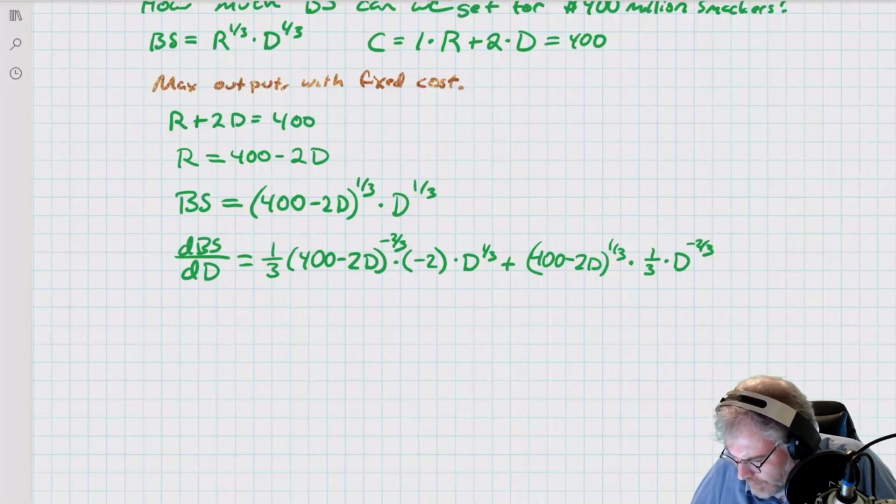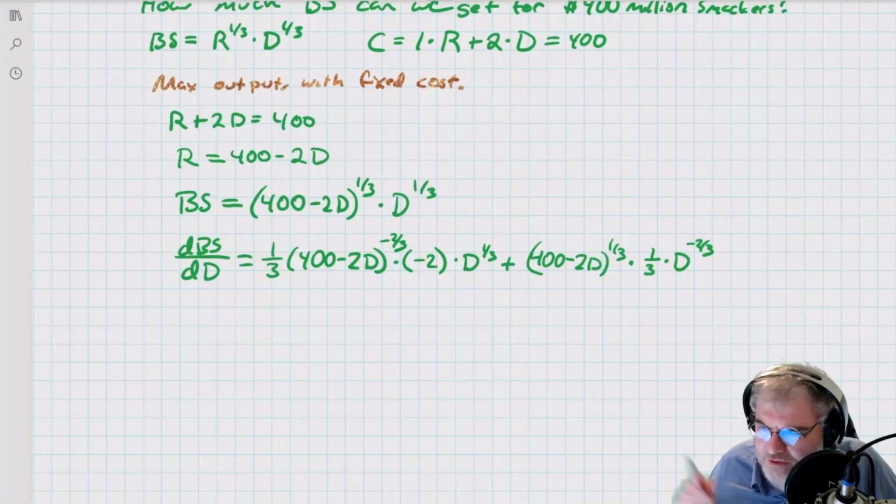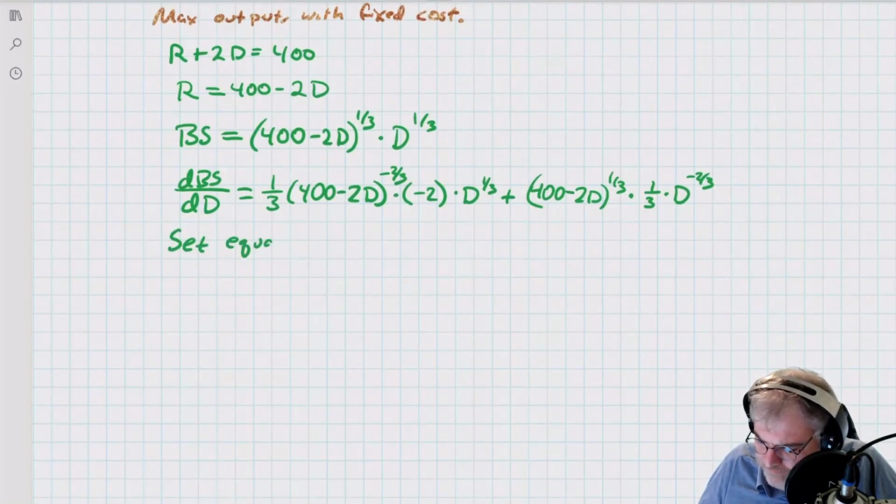The 1/3 will cancel. Let's see. When I do this to 0. Oh, when I do this to 0, oh, that's going to work out beautifully. I'll show you why it works out beautifully in a moment. It looks ugly right now. So set equal to 0 for optimization.